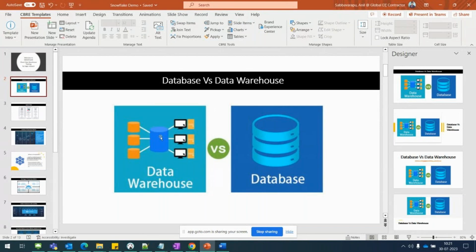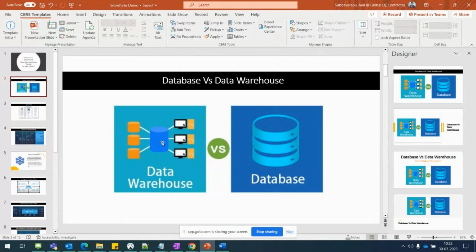But the problem is, you have collected data from different sources, and you have built the data warehouse. Still the problem is not solved, because tomorrow, as you are collecting data from various sources, if your data grows exponentially, right?